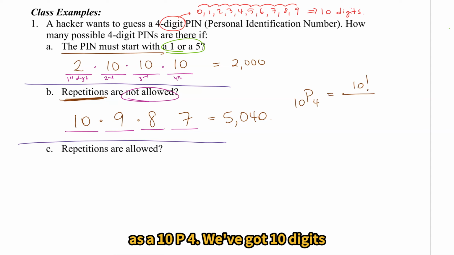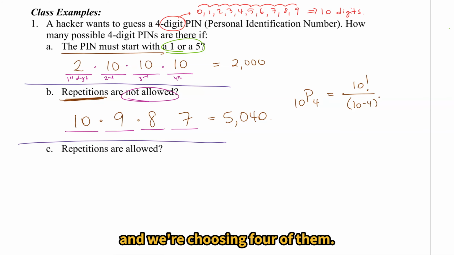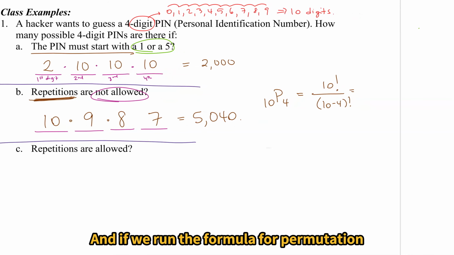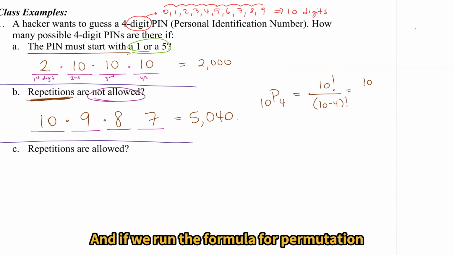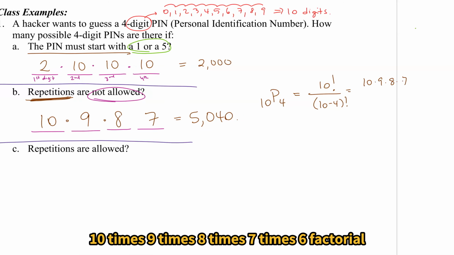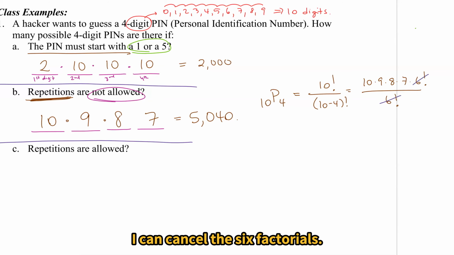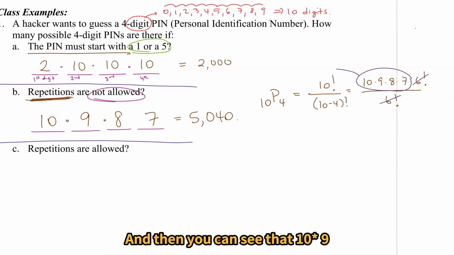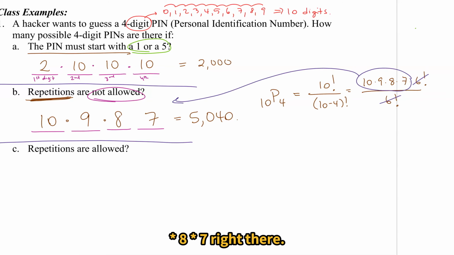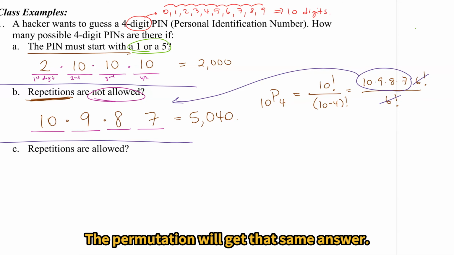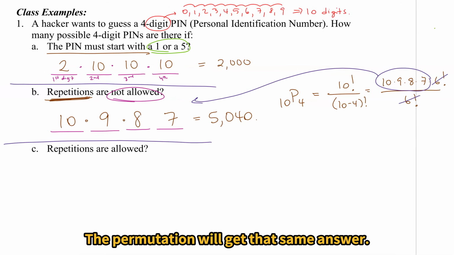We've got 10 digits and we're choosing 4 of them. And if we run the formula for a permutation, 10 times 9 times 8 times 7 times 6 factorial over 6 factorial, because 10 minus 4 will give me 6 factorial. I can cancel the 6 factorials, and then you can see that 10 times 9 times 8 times 7 right there. Permutation. We'll get that same answer.